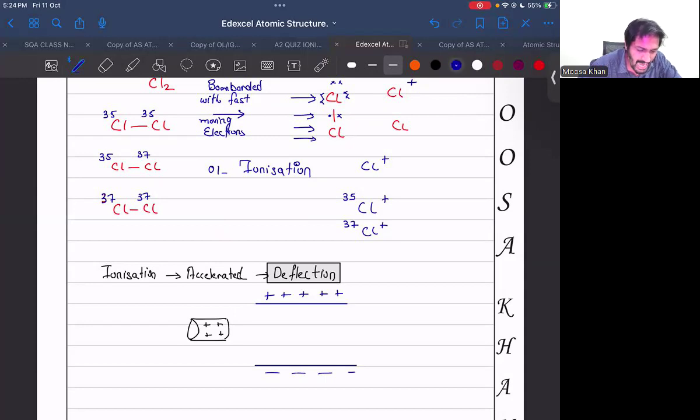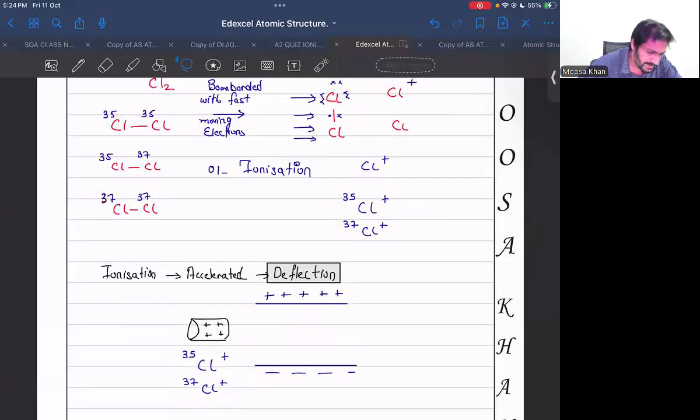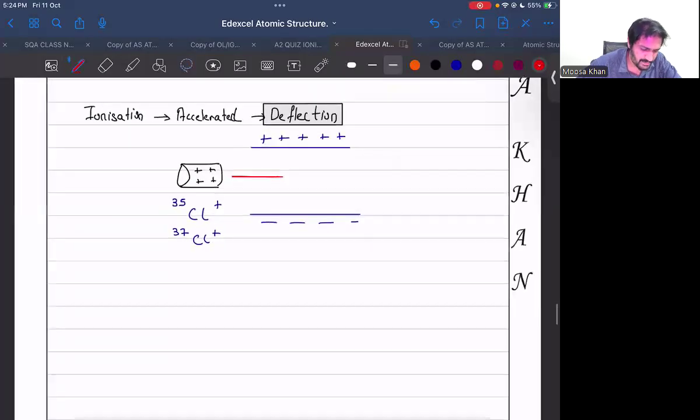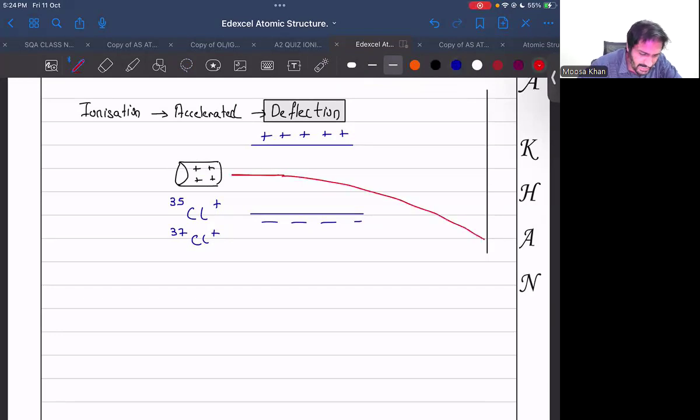When these charged particles, chlorine 35 and chlorine 37, pass through the electric field, initially they are together in the form of a beam, but as they pass through, they will be deflected. One particle will deflect at a larger angle and the other may deflect at a smaller angle.